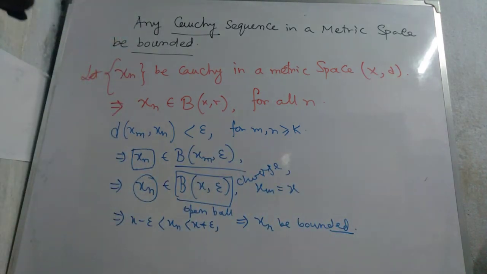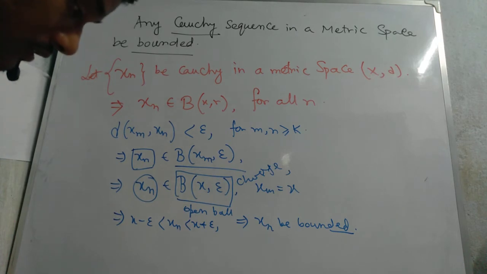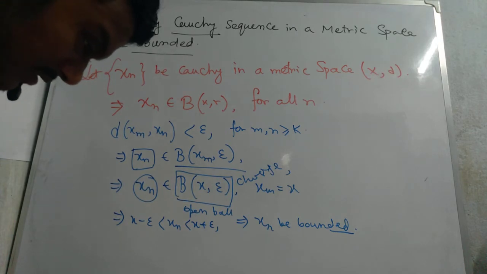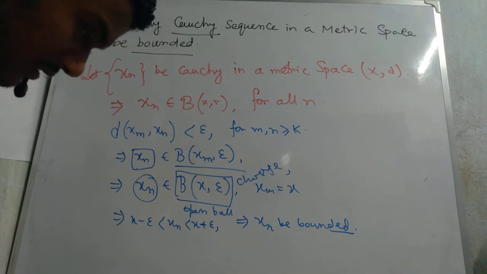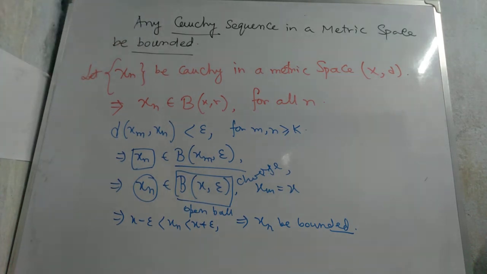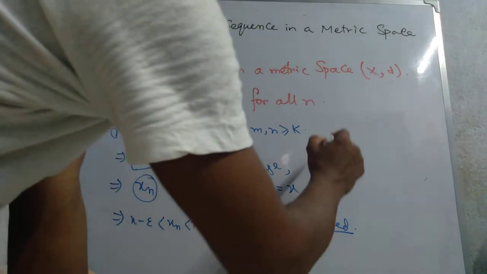x_n bounded means, say why this one is bounded.